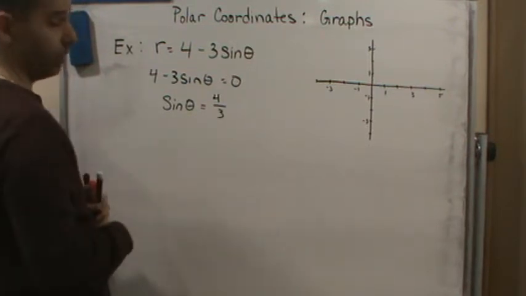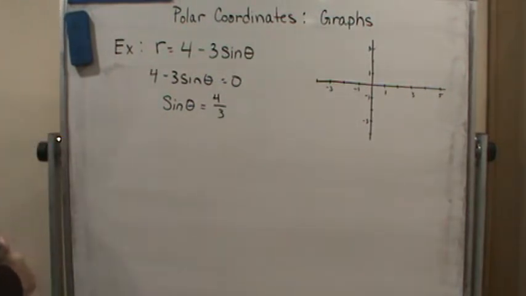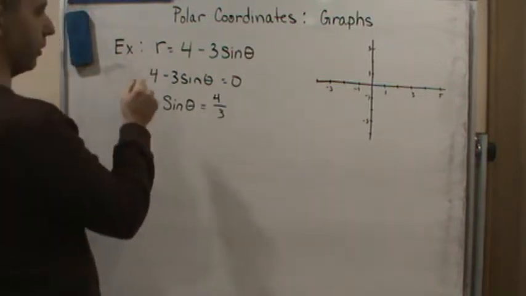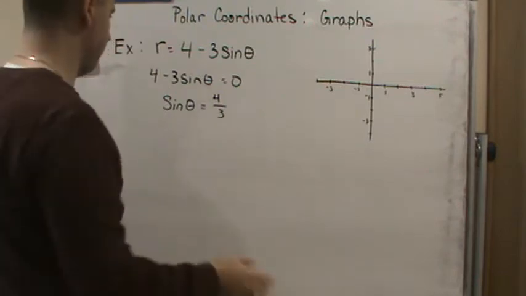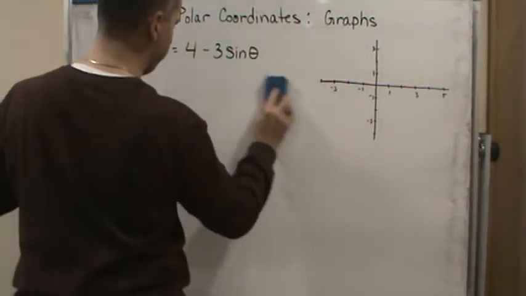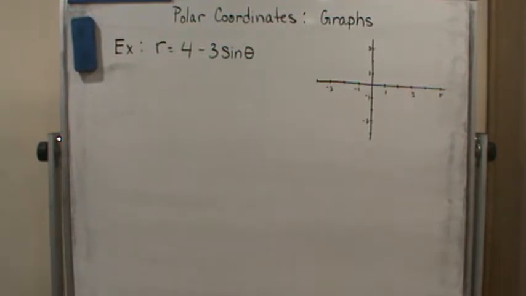Because this is bigger than 1, and the range of sine cannot be bigger than 1. So this thing does not go to 0. Okay, so the radius is never 0 here. Which again, if we're thinking about limacons, it makes sense. Okay, so what's next? Well, what about the maximum values?